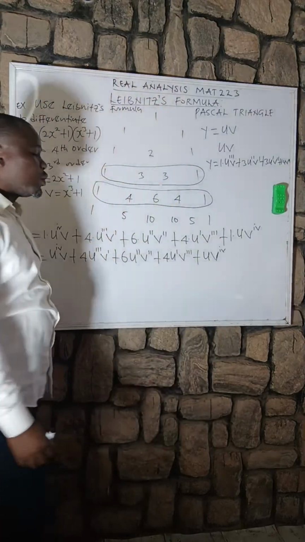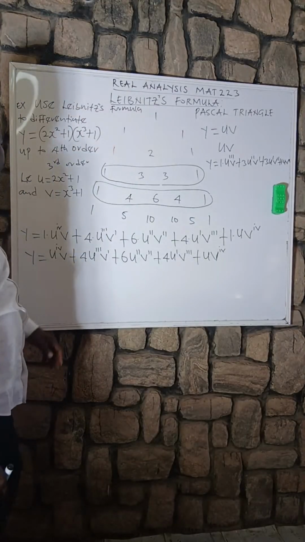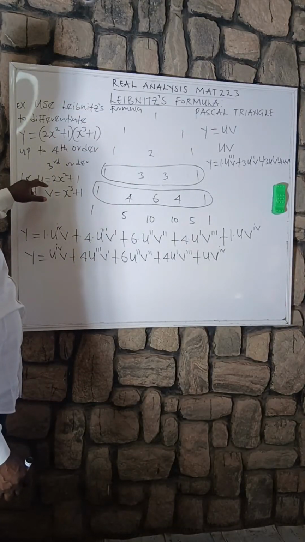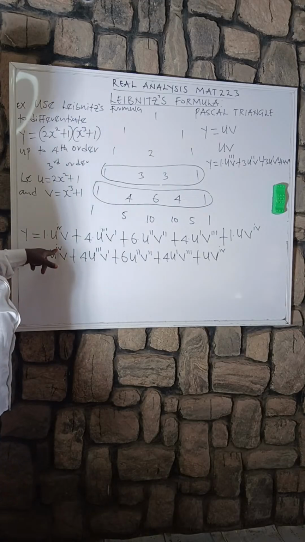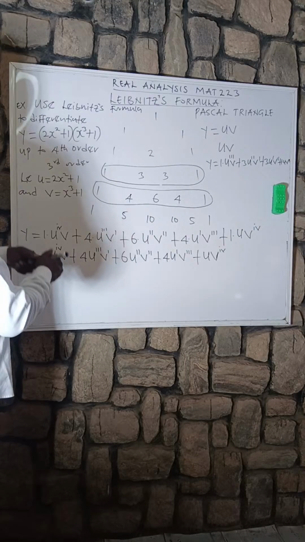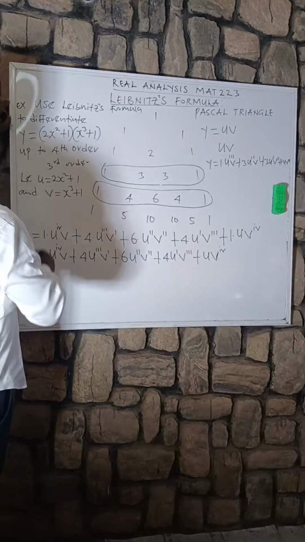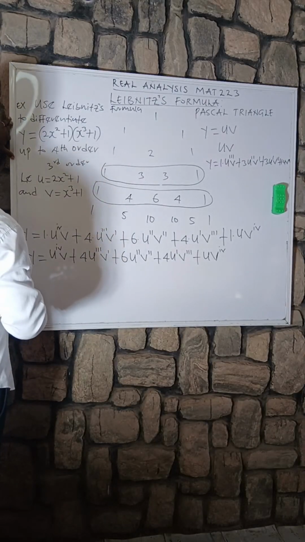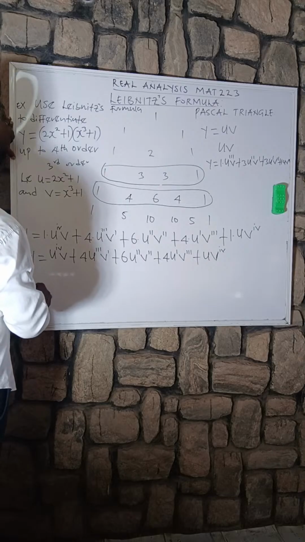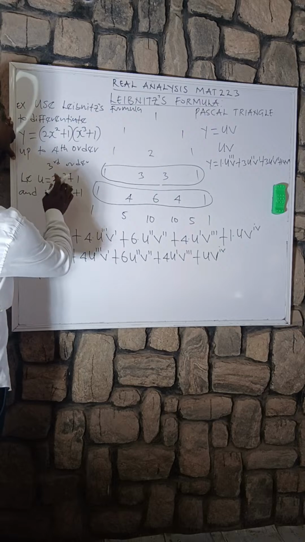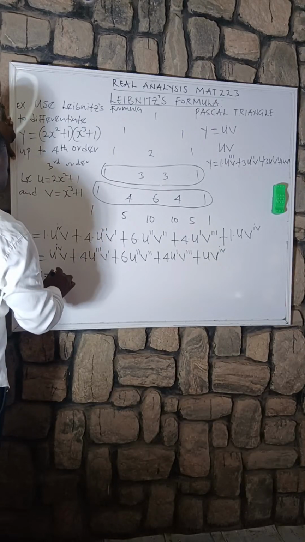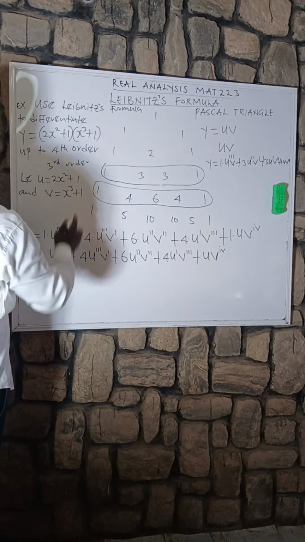So what you need to do here is for us to differentiate U up to how many times? 4 times. So if we differentiate U up to 4 times with respect to x, we are going to have our U prime, we'll have 4x. Here will be 0.